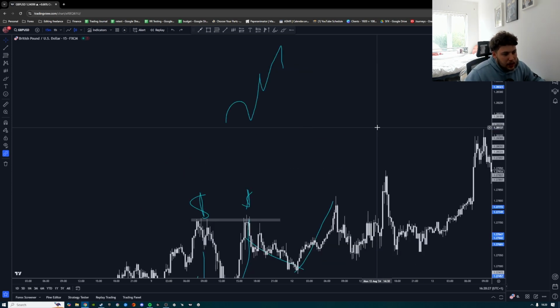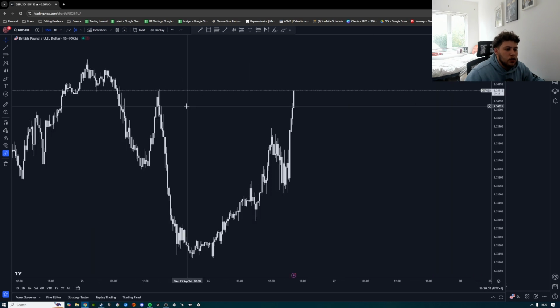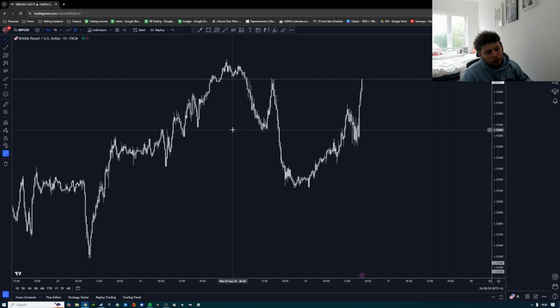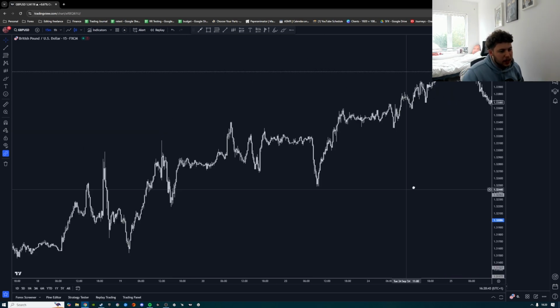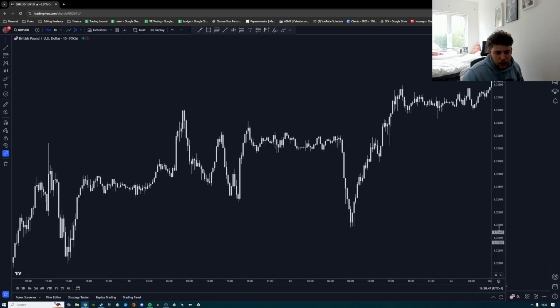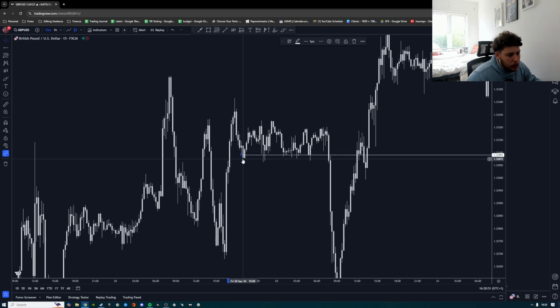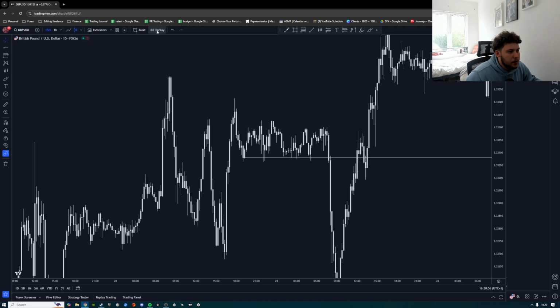Now, another form of liquidity that I like to use or be aware of is consolidation areas. So for example, this area here, if I draw a line like this, actually it'll be easy to see in replay.